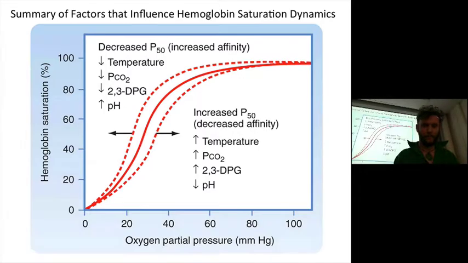All right, so here's a little bit of a summary slide. And this slide will hopefully help you put all of what I talked about into context. So decreased temperature, decreased pressure of carbon dioxide, decreased 2,3 bisphosphoglycerate or diphosphoglycerate, BPG or DPG, increased pH.